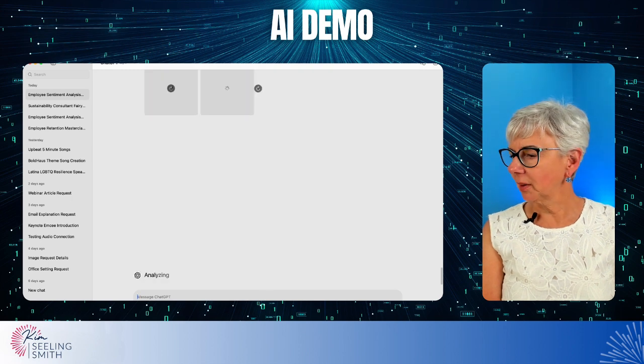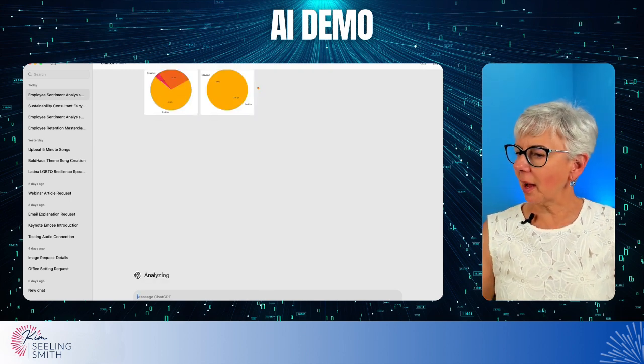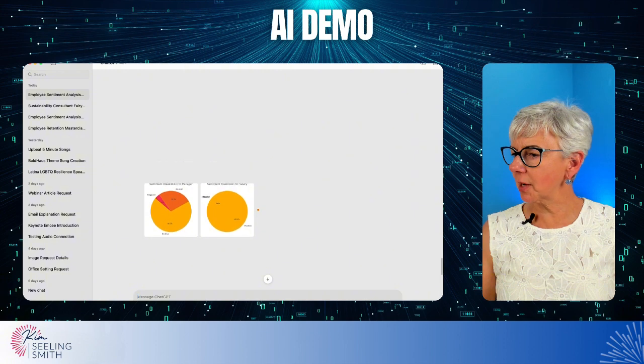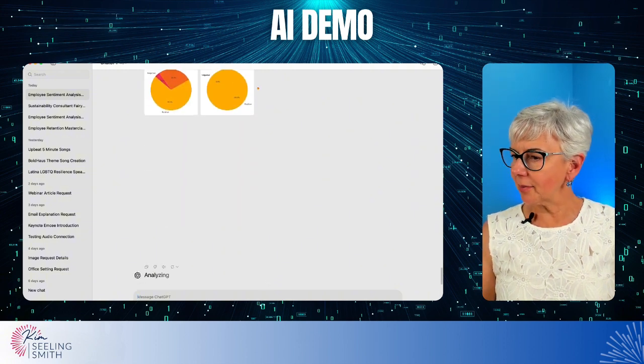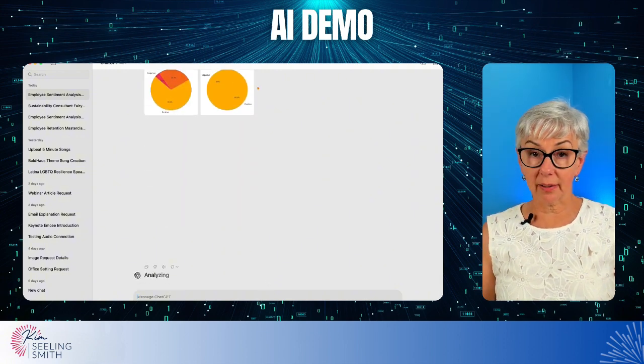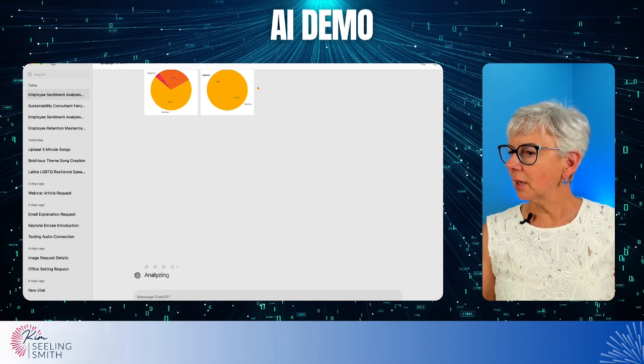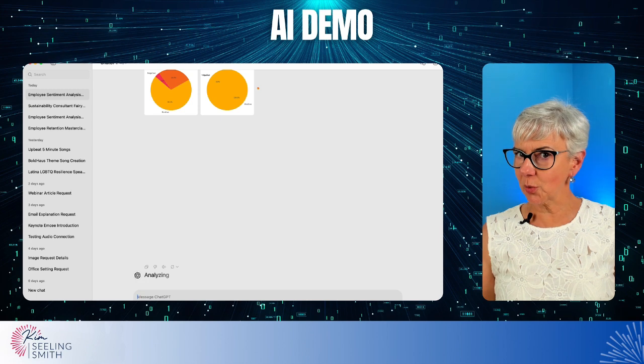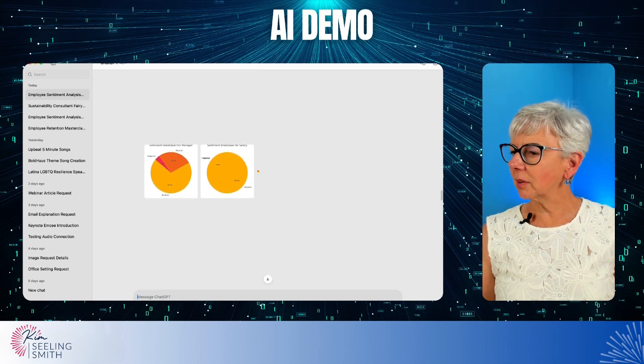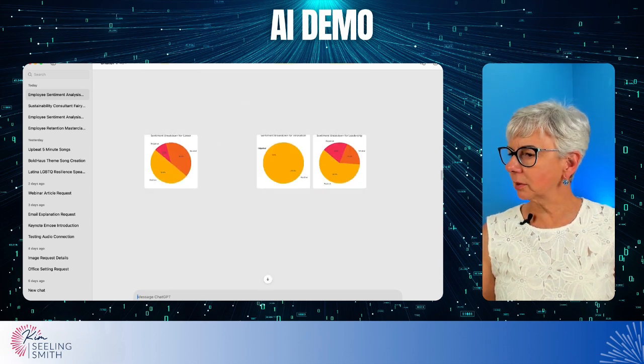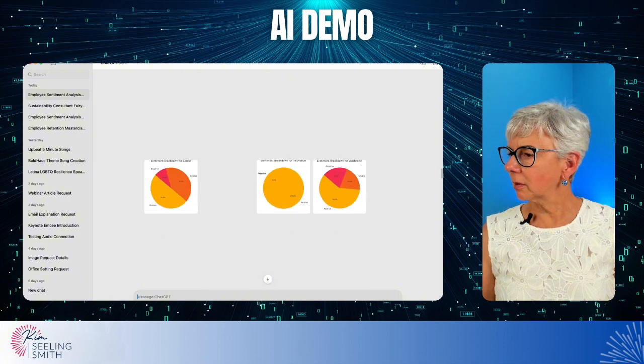Very, very quickly. Okay, so here we have some pie charts, a couple of pie charts. Oh, and I hate the colors. It's still analyzing, it's still creating the pie charts. I hate the colors, so I'm going to ask it to recreate using my brand colors after it's finished analyzing and giving me some additional, oh no, here we go.